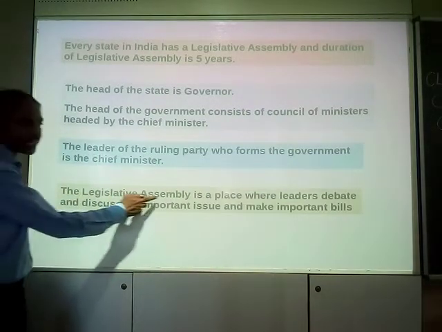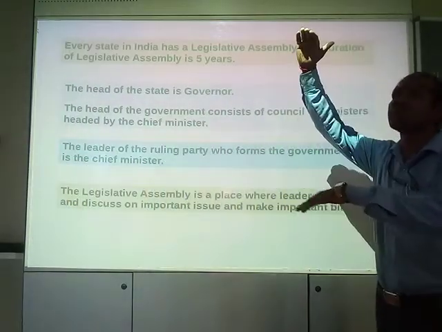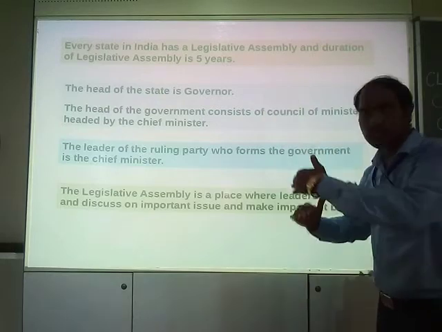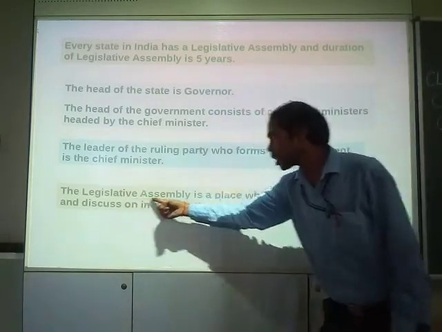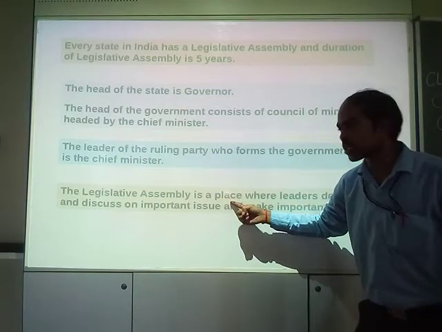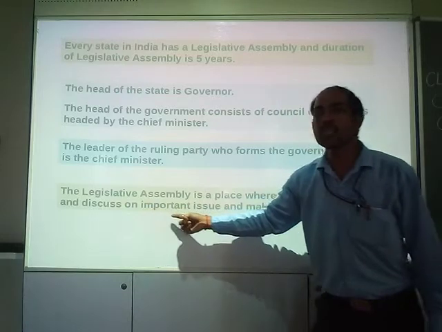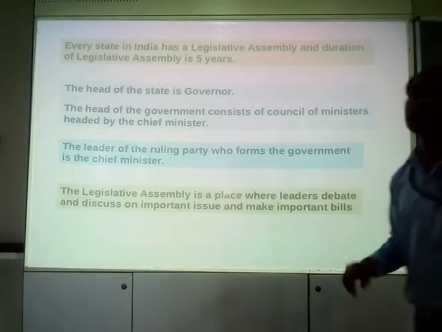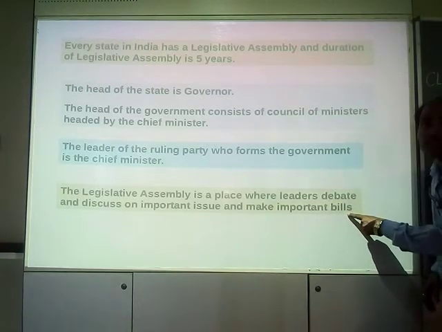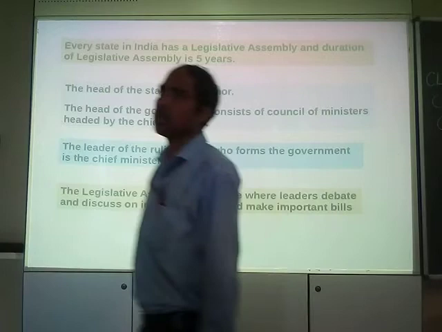And the legislative assembly is a place, as I have already told you, at national level it is parliament, so at state level it is the legislative assembly. So the legislative assembly is a place where leaders debate and discuss important issues and make important bills. Here bills means laws. Okay, laws.